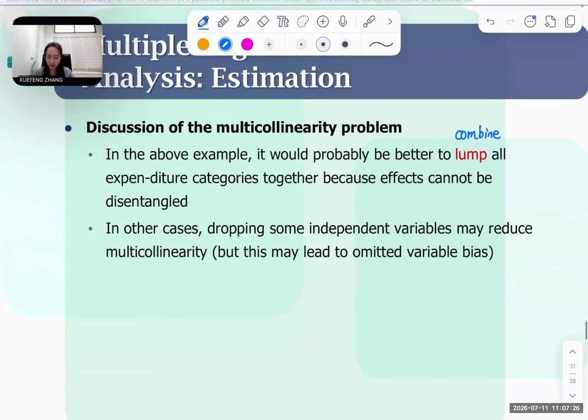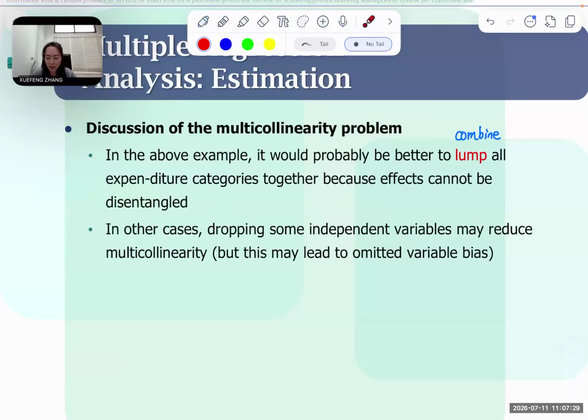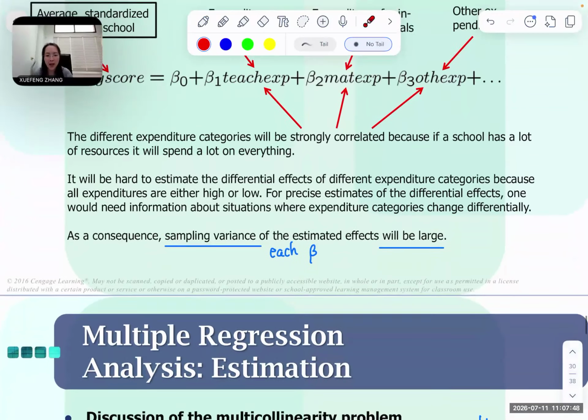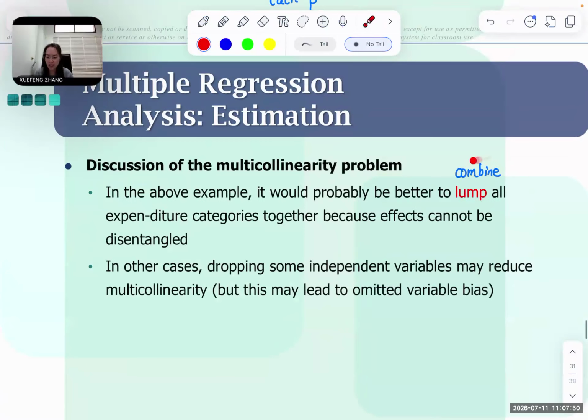Okay, let's continue. So here are two practical takeaways for dealing with multicollinearity. The first one: in the school spending example that I showed you, since the categories move together so tightly, it's probably better to combine them into one variable, total expenditure, rather than trying to separate teacher spending from material spending.